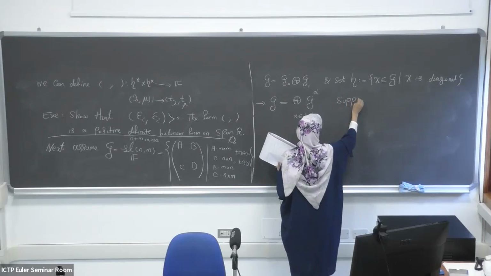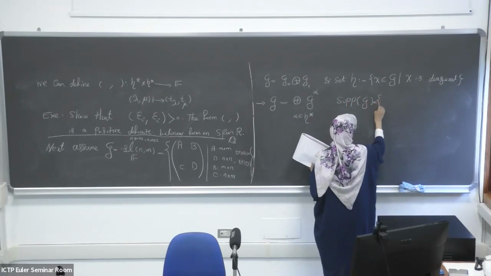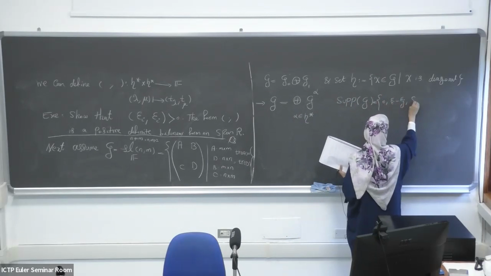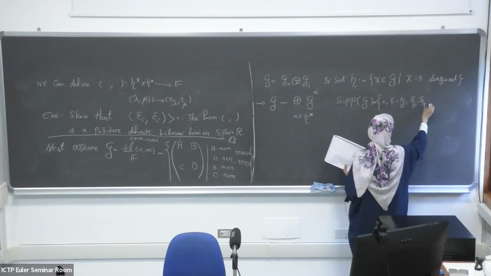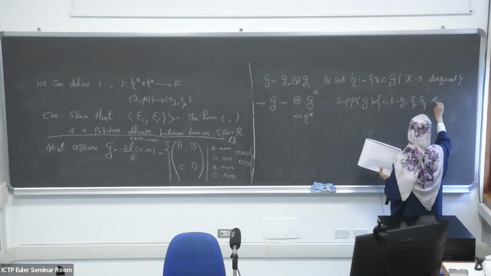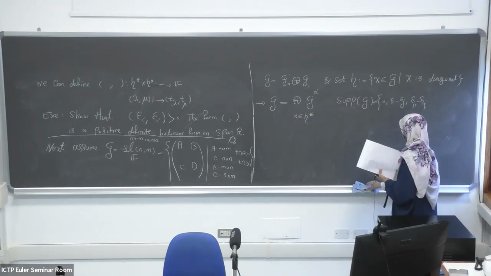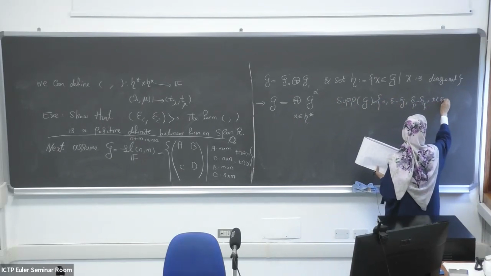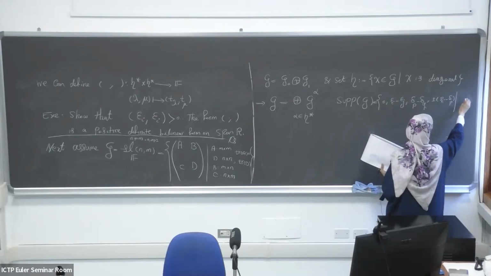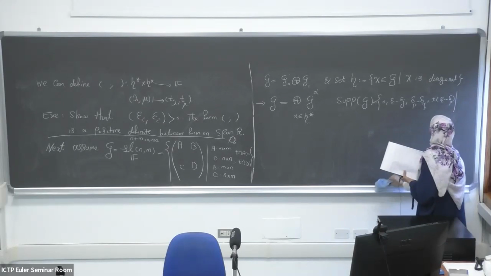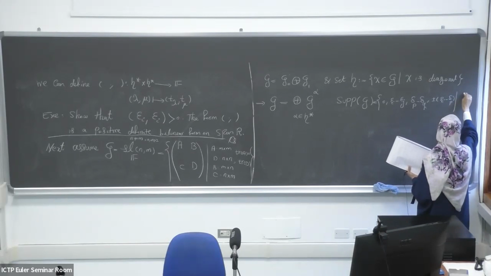The support of G is 0, epsilon i minus epsilon j, delta p minus delta q, epsilon i minus delta p, when i is between 1 and m, and p is between 1 and n, and also the same for G and G.